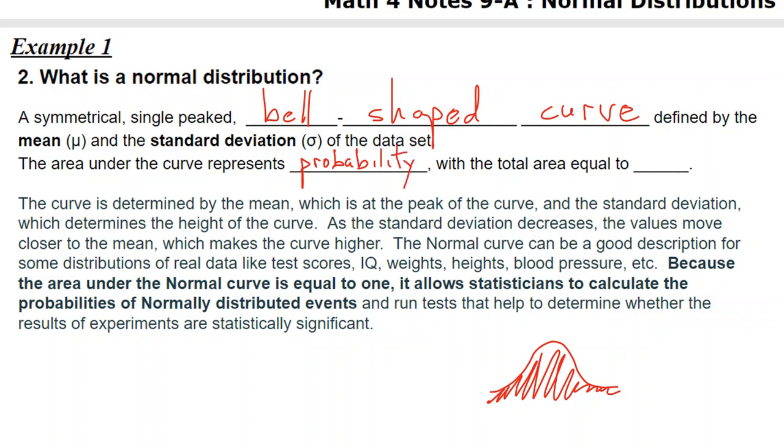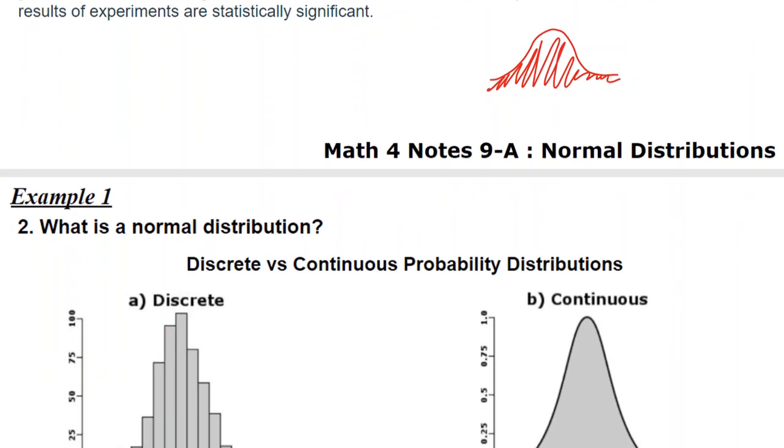Probability, with the total area underneath the curve equal to 1 or 100%. And this area under the curve allows statisticians to make predictions on normally distributed events. And you'll see in a few minutes how that works.